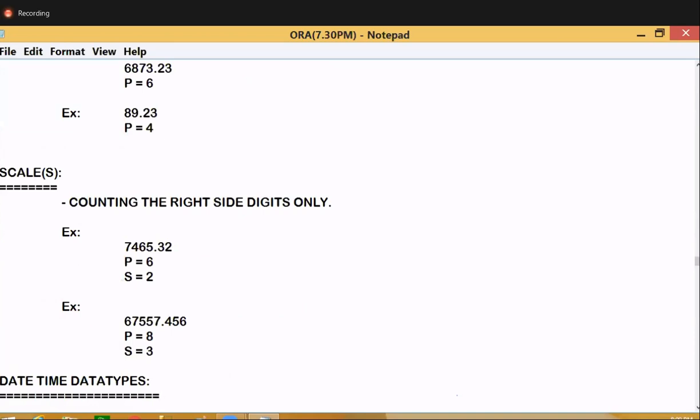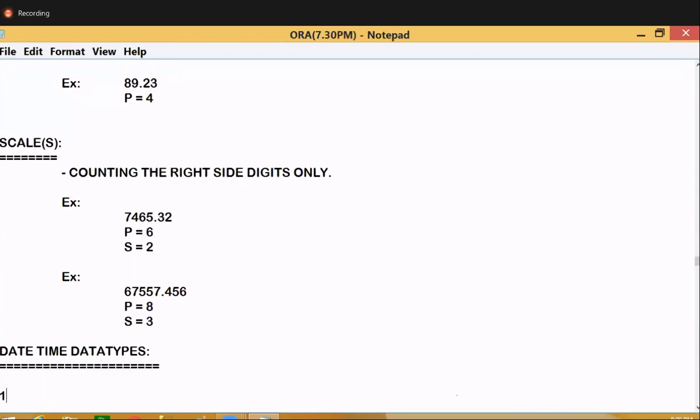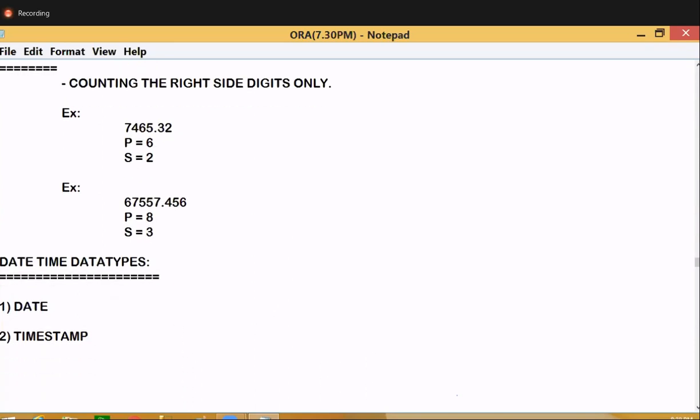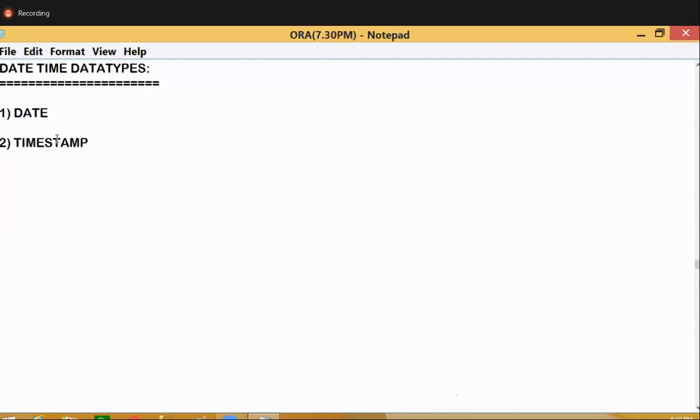Here, date and time data types are again two types. One is called date, and one is called timestamp. So in date and time data types, there are two types: date and timestamp.